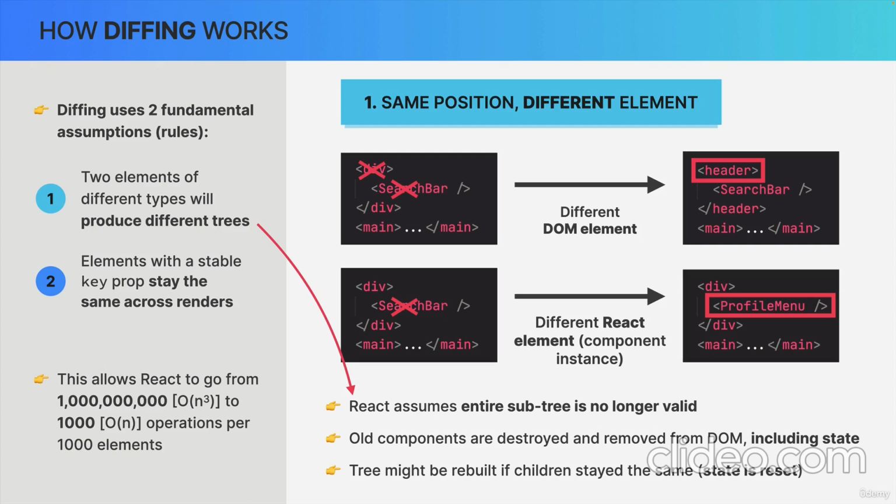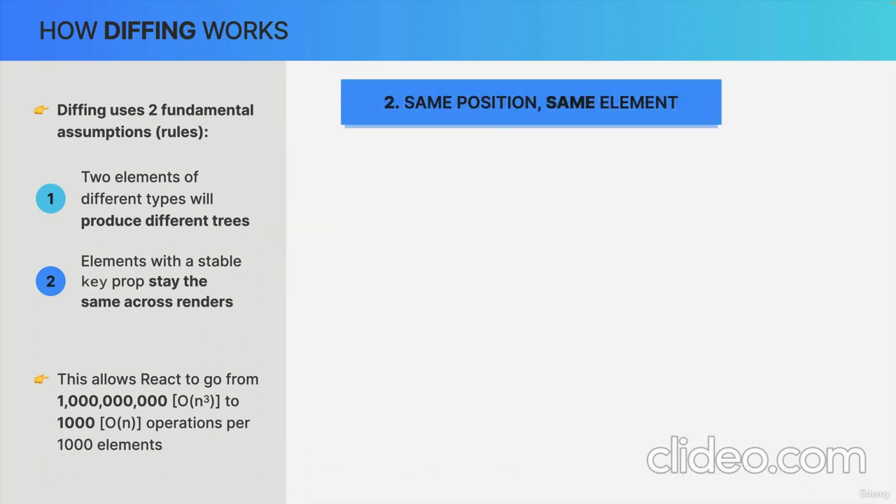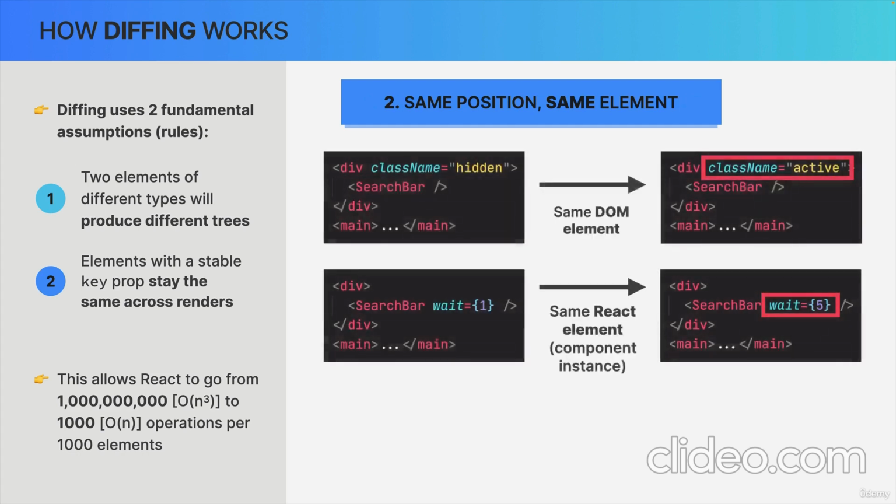The second situation is when between two renders we have the exact same element at the same position in the tree. And this one is actually way more straightforward. So if after a render, an element at a certain position in the tree is the same as before, like in these examples right here, the element will simply be kept in the DOM.